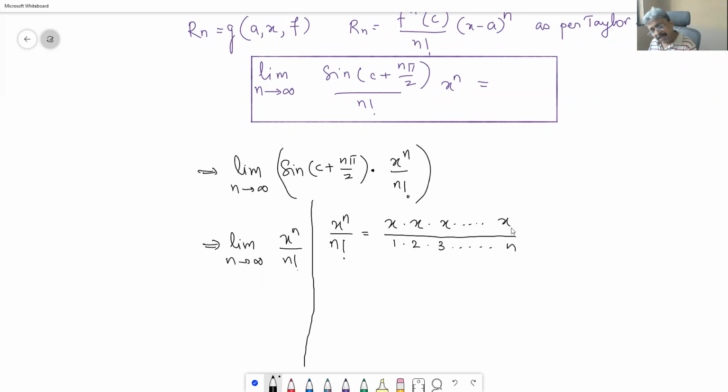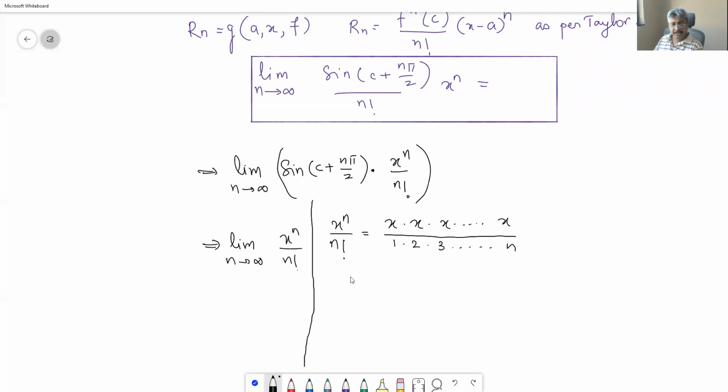So the total number of terms in the numerator and in the denominator are the same. That is the good part of it. X raised to n, x getting multiplied n times, and n factorial, 1 2 3 4 up to n, all these terms. Now if we imagine this number, suppose we consider that x is equal to 100.